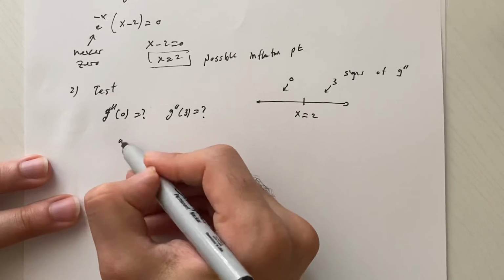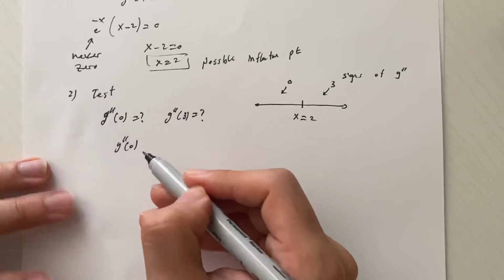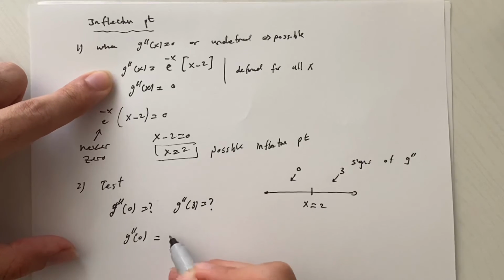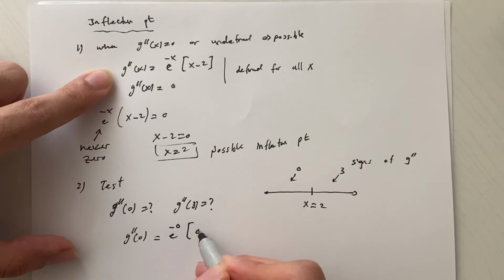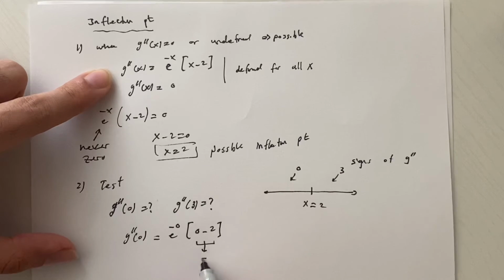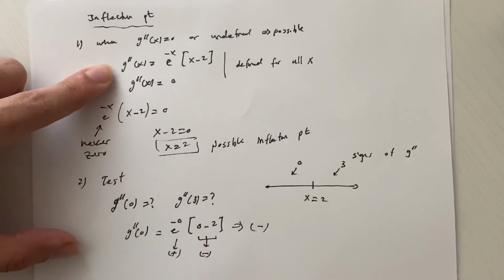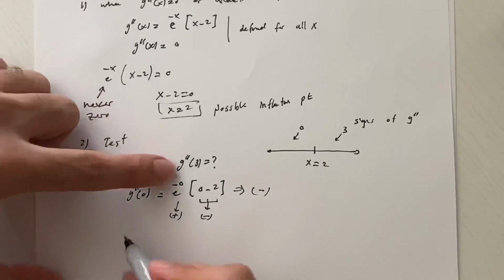So I'm going to evaluate this value in the second derivative. I'm going to evaluate now 0 in the second derivative. So we notice the first term is always positive, and the second term is negative. Negative times positive is gonna result in a negative sign.